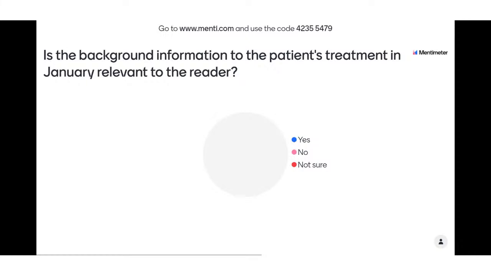What do you think? Is the background information to the patient's treatment in January relevant to the reader? Yes, no, or not sure.